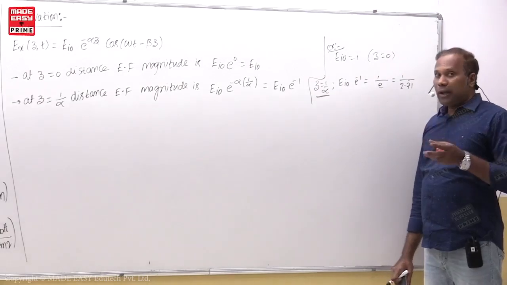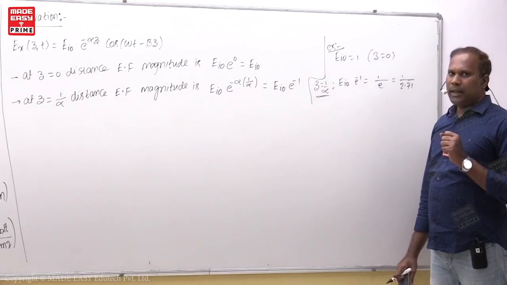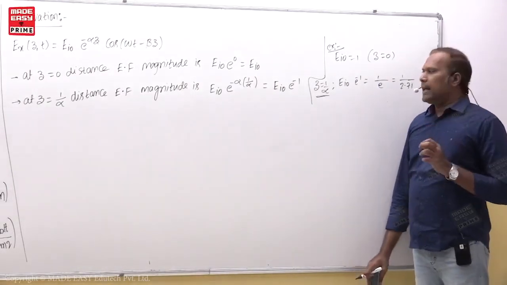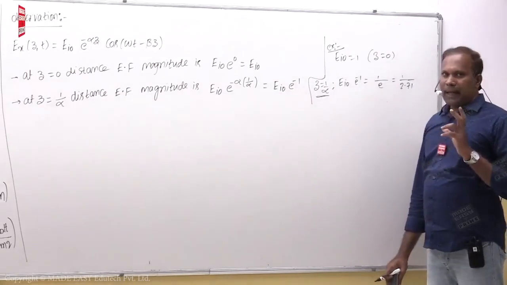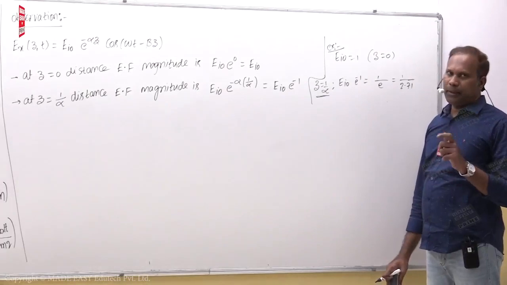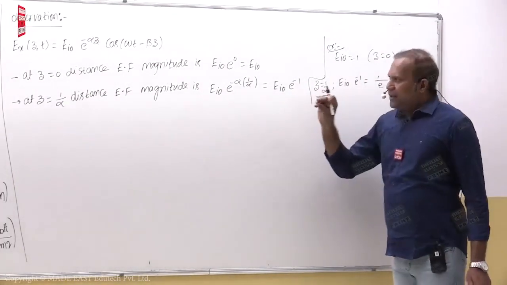So before dying, how much distance does it travel approximately? The answer is 1 by alpha. So that is called the depth of penetration. Here depth means distance, or otherwise it is also called skin depth. So that is the definition given here.